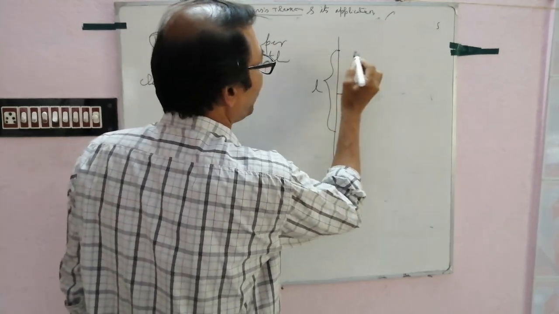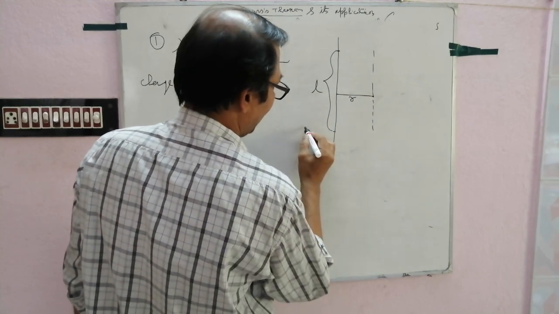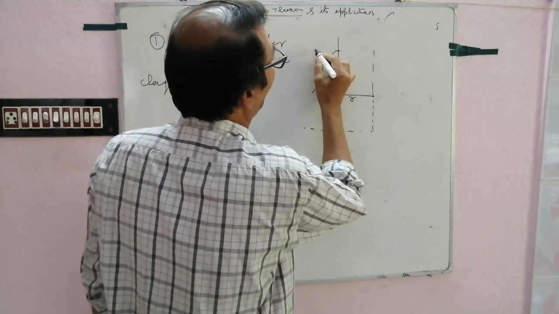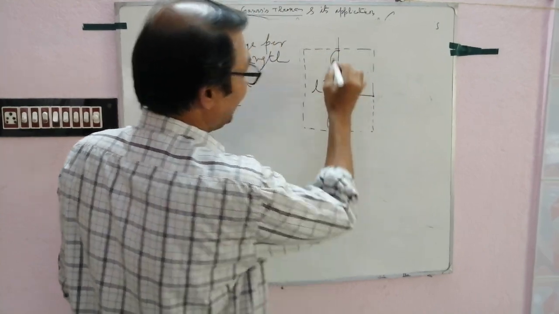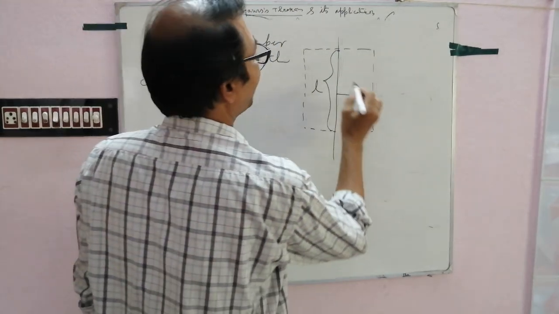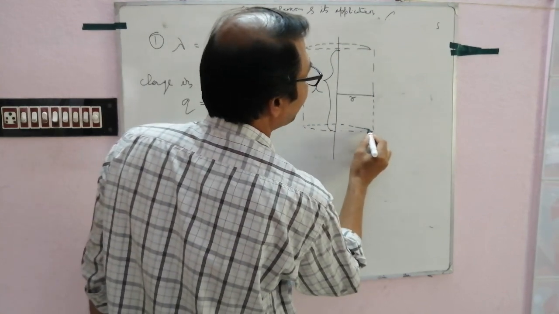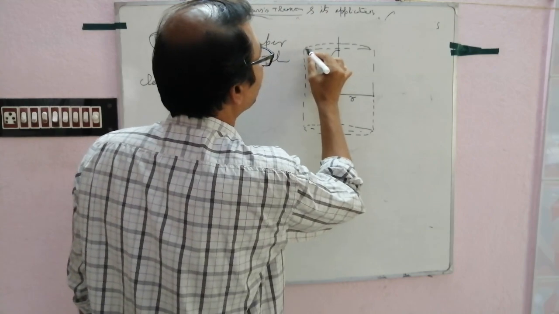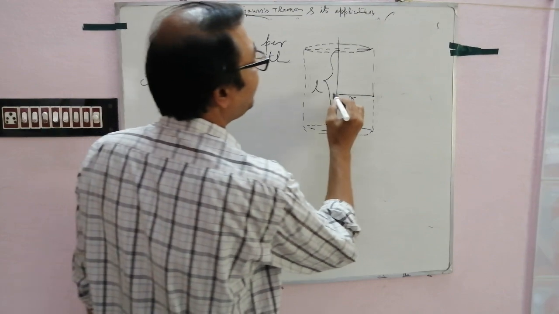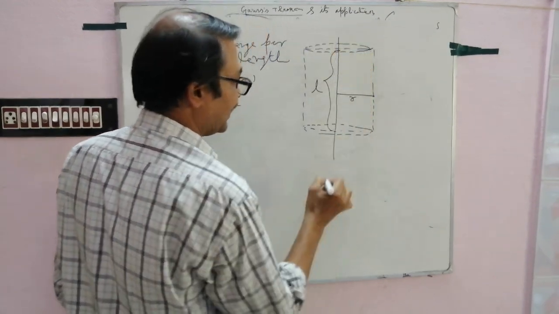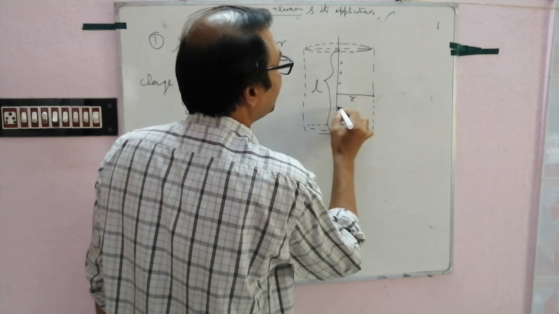So we have to draw a Gaussian surface. Follow. We draw a cylindrical surface, L being the axis and r the radius. This is a Gaussian surface. Now follow the field. This is the charged conductor. Suppose this is plus charge or minus charge.